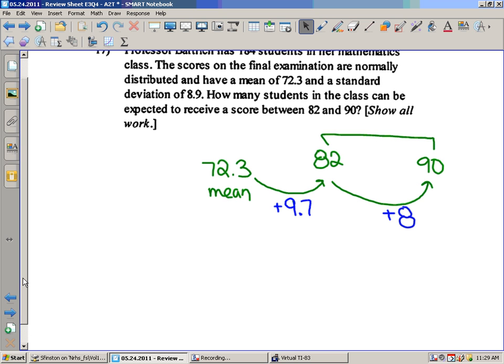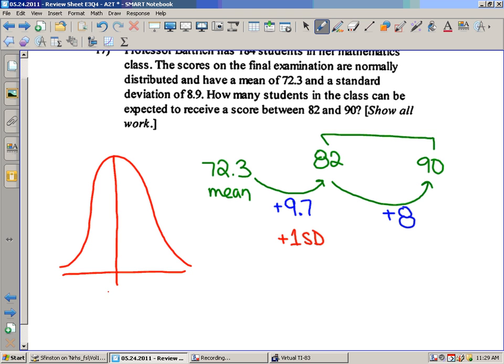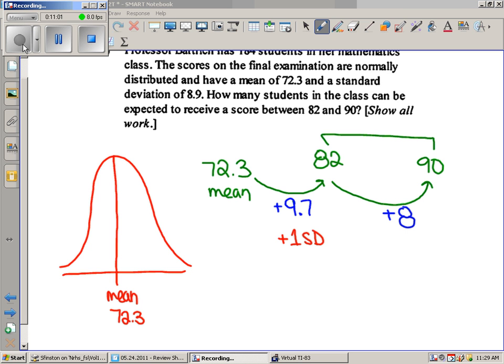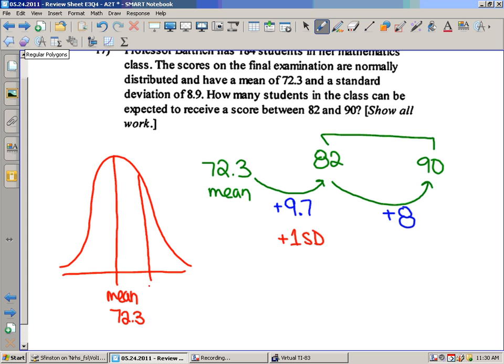Yeah, it's like 8.9. This is a weird problem. 9.7 is like plus 1 standard deviation above. Let me draw you out the curve for what I'm talking about. Here's our mean, 72.3. And then here's 82. And then somewhere else down the road, here's 90.